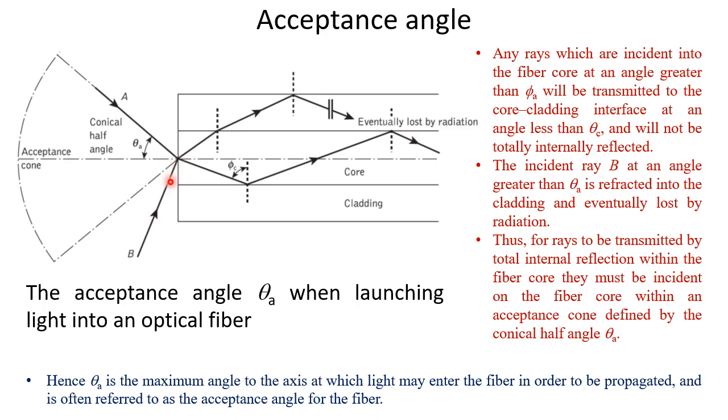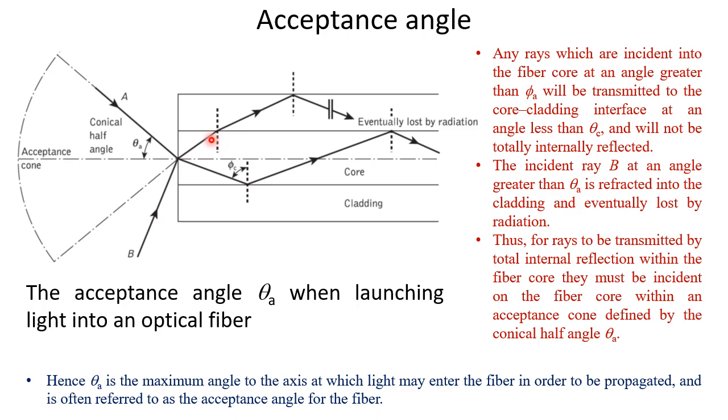Obviously this angle is quite large, and it is such that when B is inserted, it will follow this track, right? But here, when it is incident on the core cladding interface, this angle of incidence is less than the critical angle.